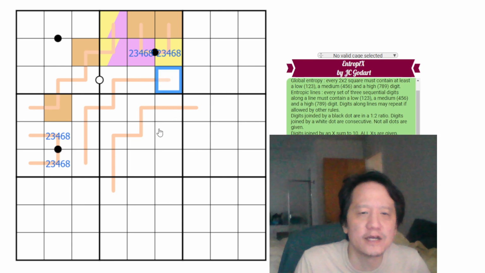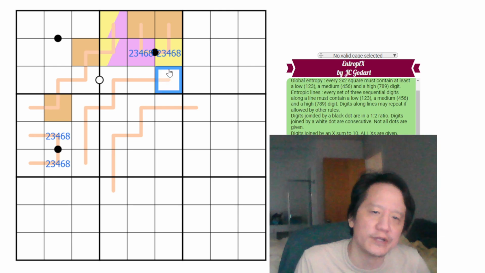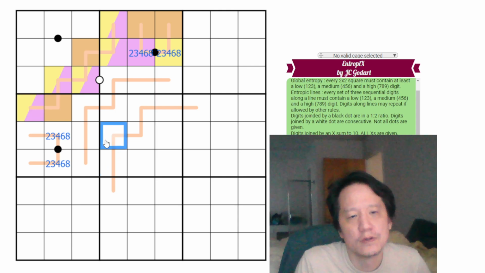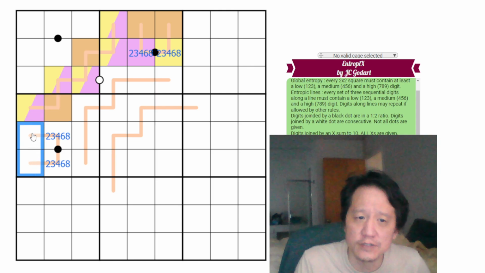Okay, so this cannot be orange. If this was orange, there would be no orange here. So again, this is pink or yellow. This is pink or yellow. This is orange, so this one cannot be orange. This has to be pink or yellow.